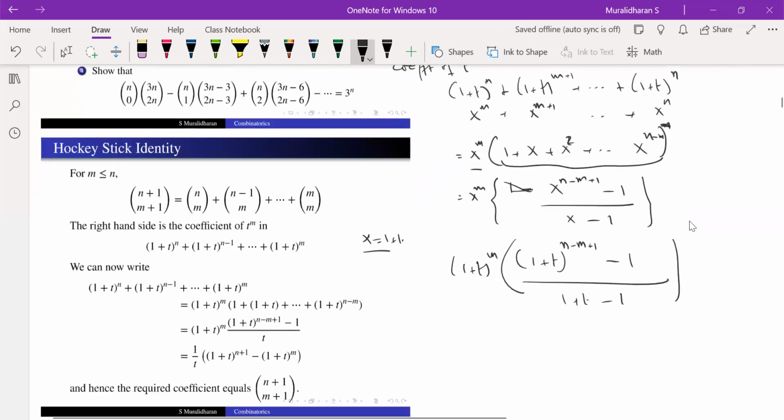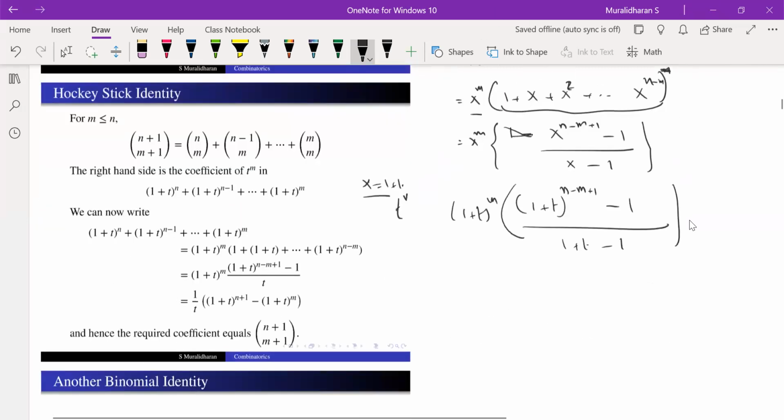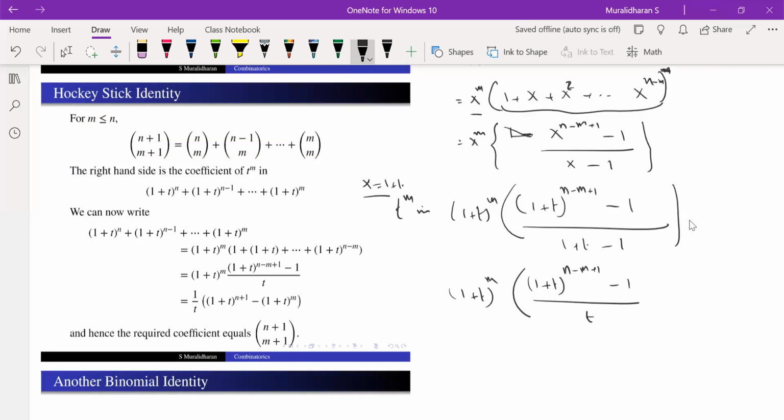So what I want is the coefficient of t power m in this. This will be 1 plus t whole power m into 1 plus t whole power n minus m plus 1, minus 1, by t. So let us bring this back again. So this will be 1 plus t whole power m into, n minus m plus 1 is n plus 1, minus 1 plus t whole power m, divided by t.